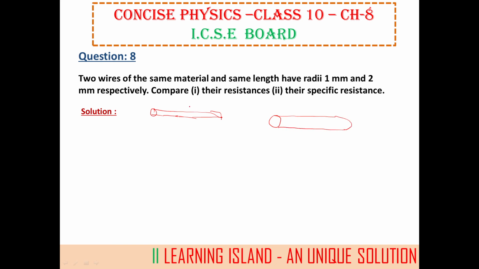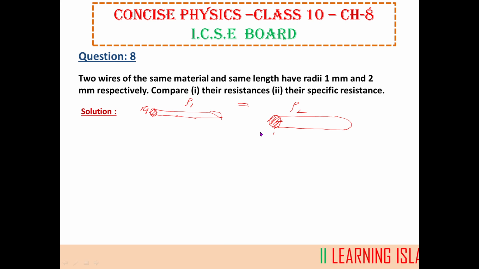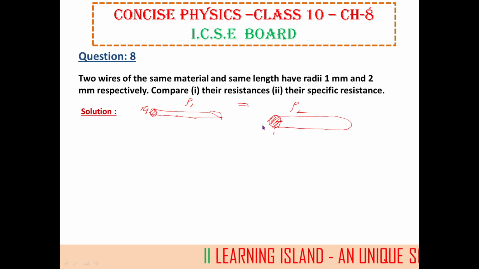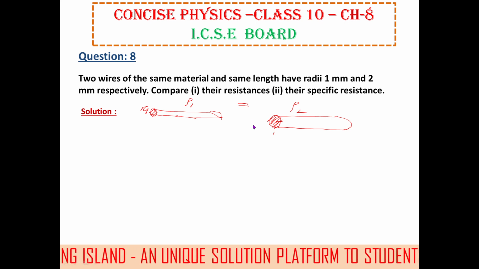Both of these are the same material, that means rho 1, that is resistivity, and rho 2 will be equal, and the radius of this cross section, if it is r1, and this is also the cross sectional area of the wire, if this radius is r2.